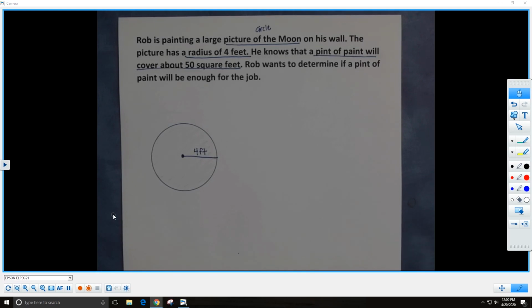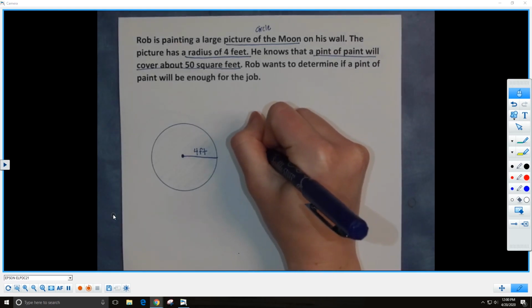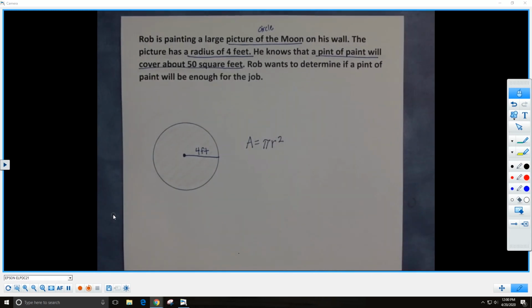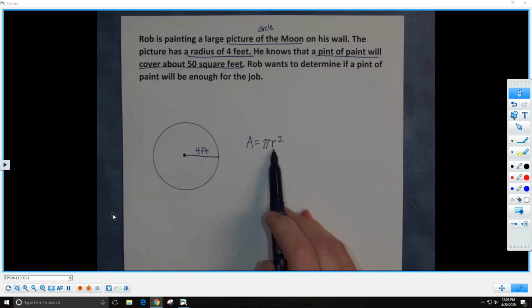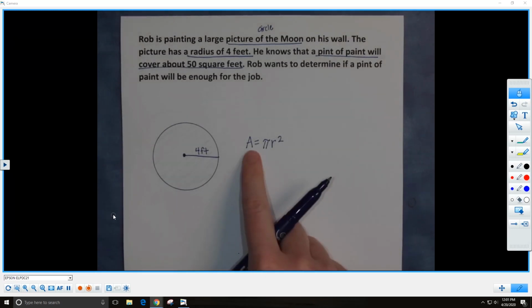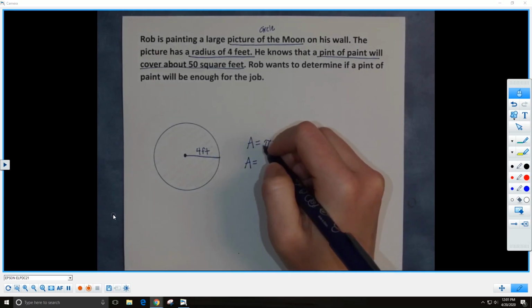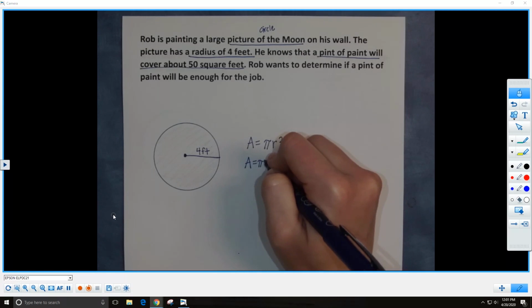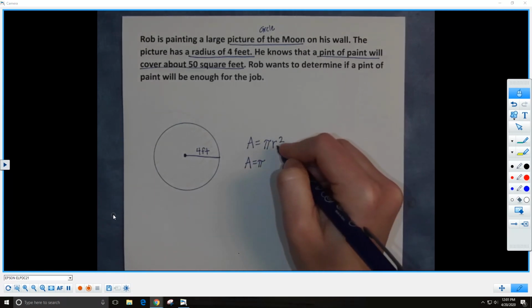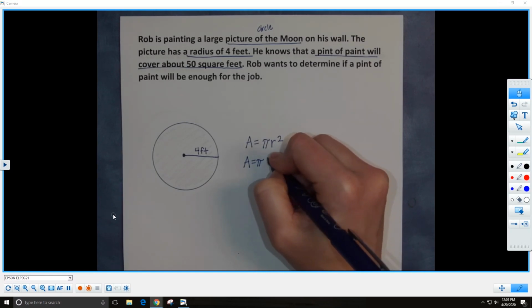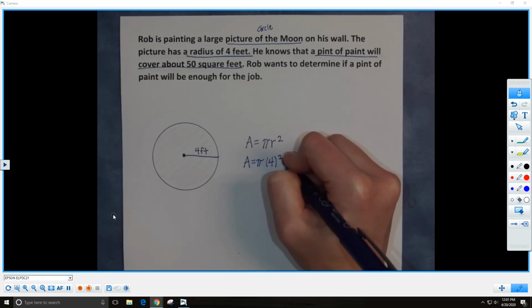So the formula for the area of a circle is A equals pi r squared, or area equals pi times the radius squared. Well, because we're trying to find area, we'll leave A. Still have pi. And we know that r stands for radius and that the radius of this circle is 4. So we can substitute 4 in place of r.